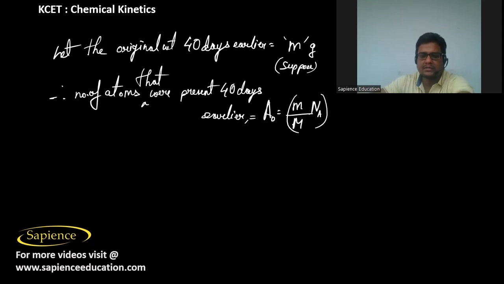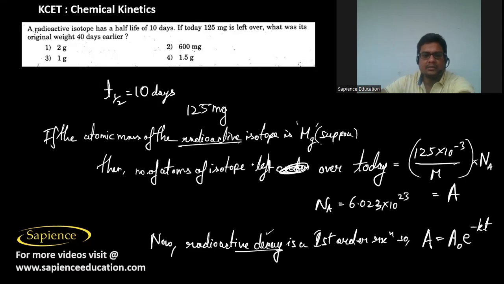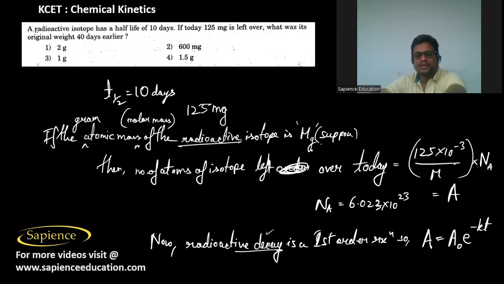Since M is the atomic mass of the radioactive isotope, or the gram atomic mass, or the molar mass of the radioactive isotope, that is M gram.